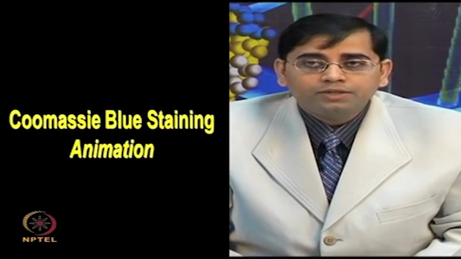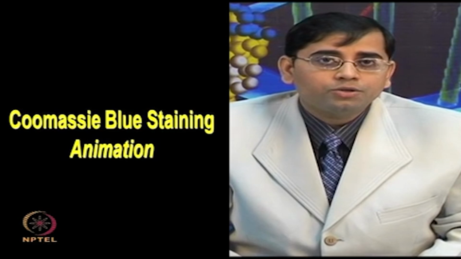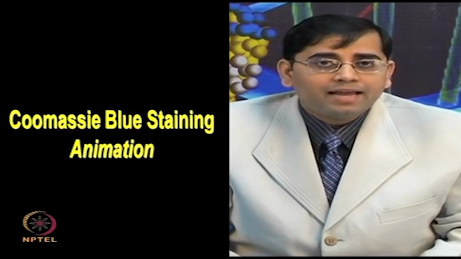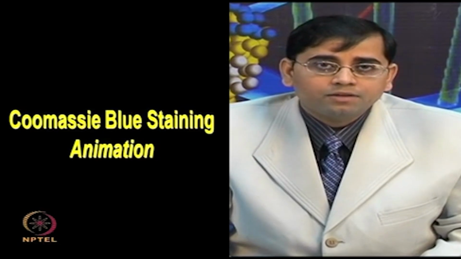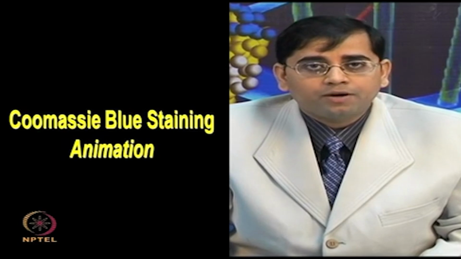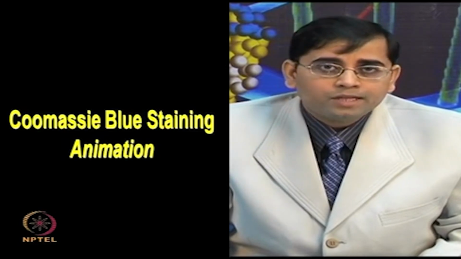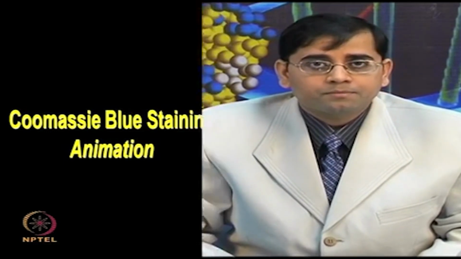So, in this animation you are able to see, after performing the 2D electrophoresis, how to add the Coomassie stain on your gel, do the staining and de-staining procedure, so that you can visualize your blue spots on the transparent background. Each of the spots can now be used further for image analysis purposes.